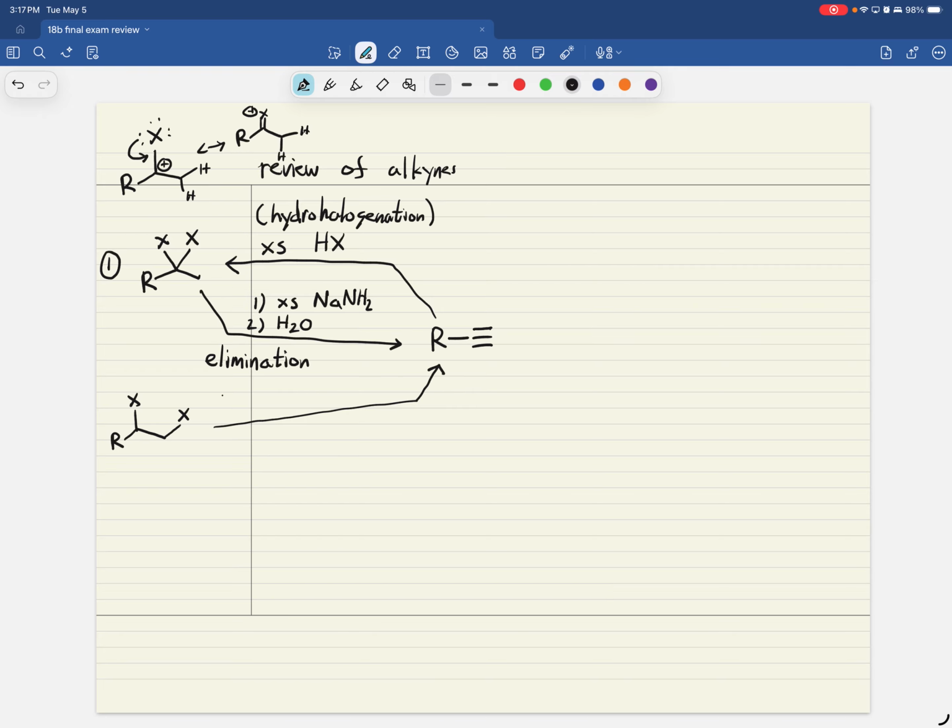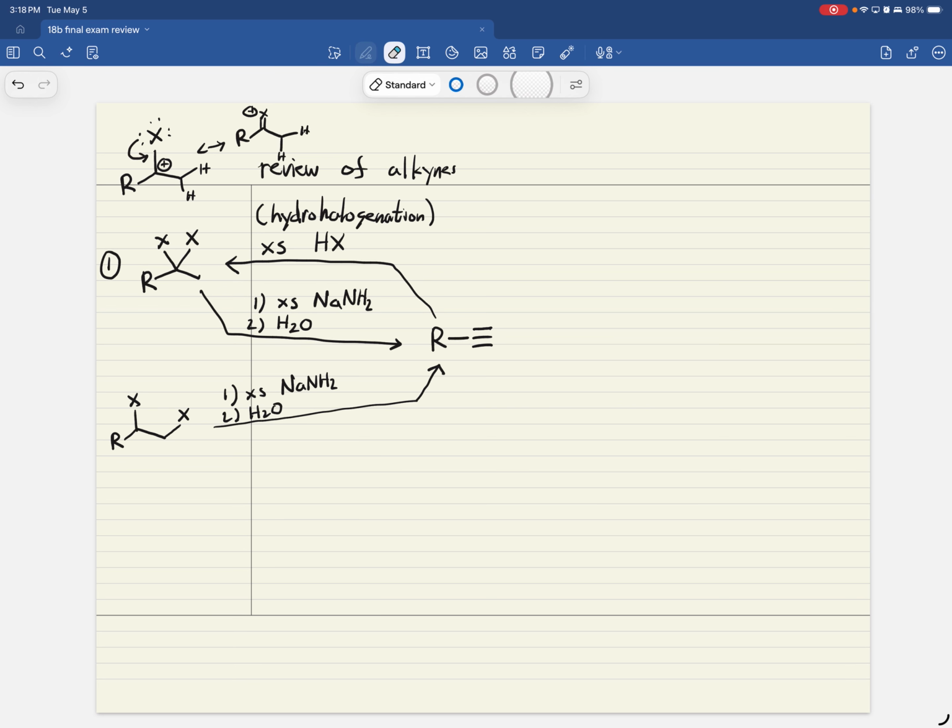You can also eliminate this with excess sodium amide and H2O. So you can actually use both of these. This is also elimination.